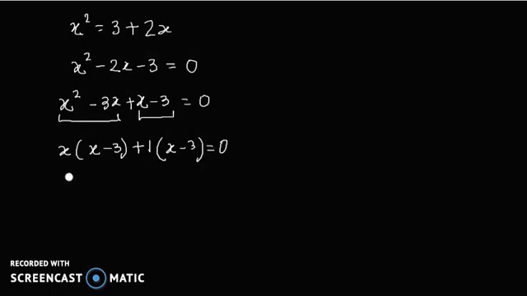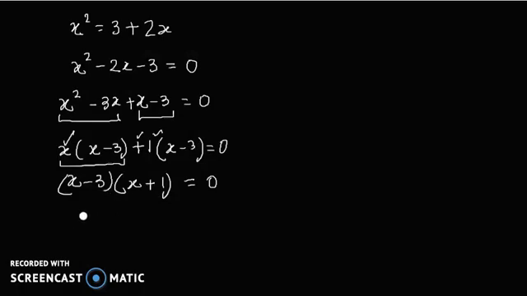Now x minus 3 can be taken common from this. So we are left with this x plus this 1, as x minus 3 is common. So our final factors are x minus 3 and x plus 1.